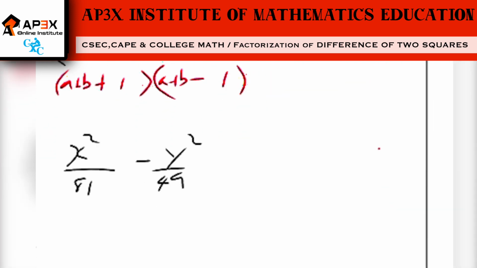Now, this particular example is not very common, and funny enough, I've not seen a difference of two squares that is fractional. I've only ever seen these in textbooks. I'm actually looking at a textbook right now that has 1, 2, 3, 4, 5 examples of this.